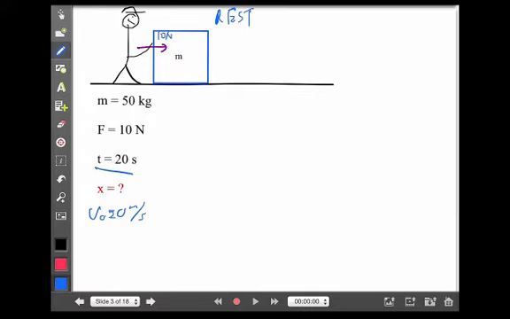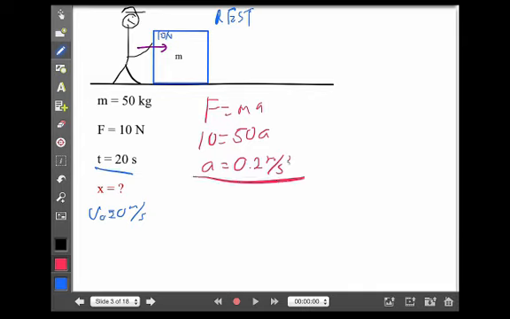And back in motion, we saw that one of the keys to everything is knowing acceleration, and it always will be. But now I know force and mass. So using Newton's second law, F equals ma, well, I have 10 newtons of force acting continually on 50 kilograms of mass. So I will have a constant acceleration of 0.2 meters per second squared. There's my very important acceleration number.